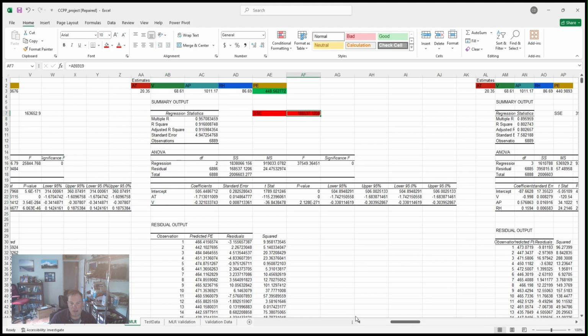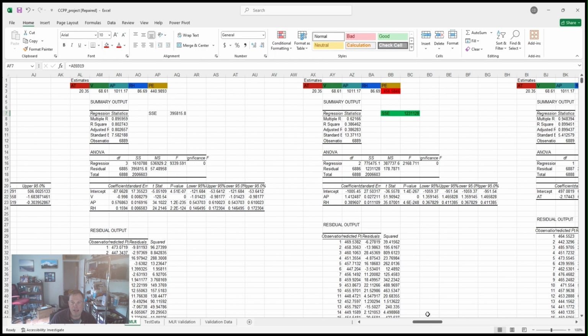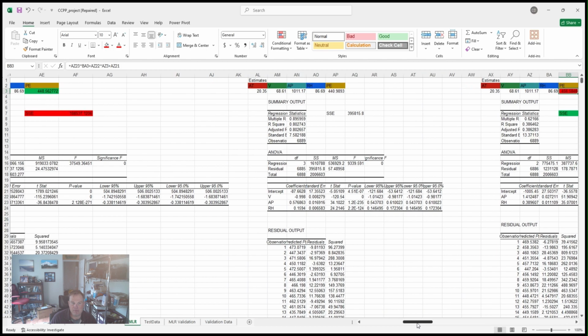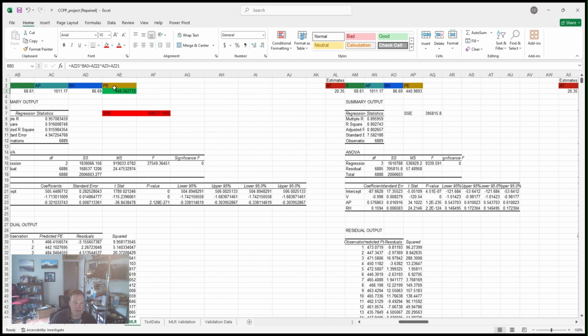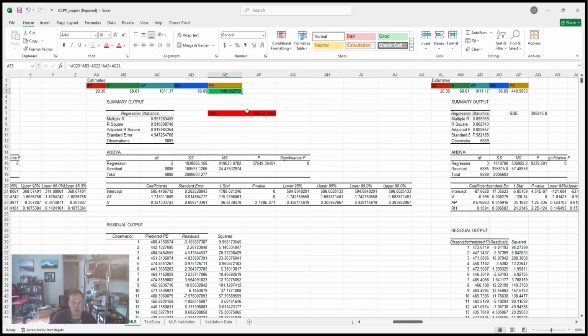So we assumed then that this would be the superior model. However, when we run an estimate, we get a less accurate value. The actual reported value is 450. So we were closer here with our original assumption.